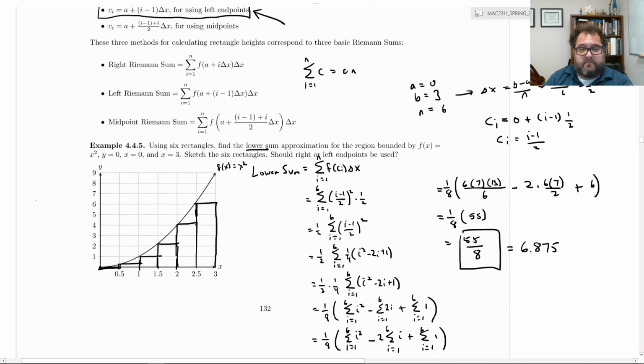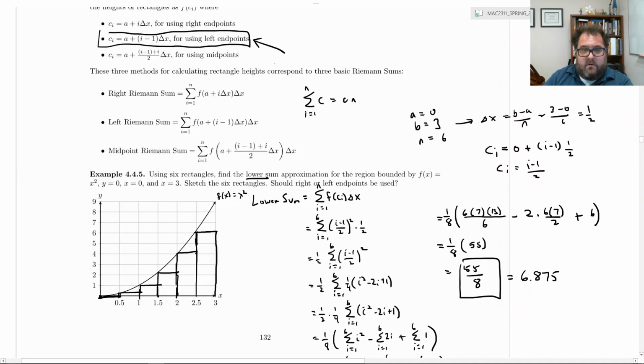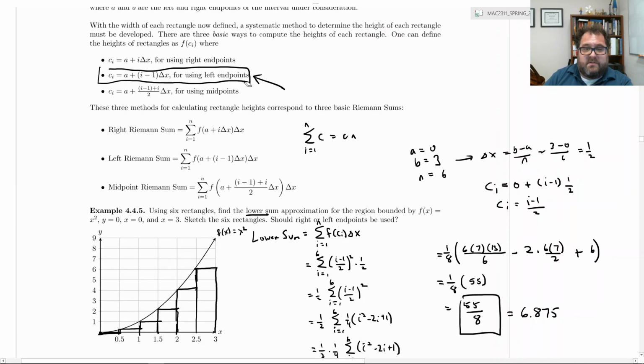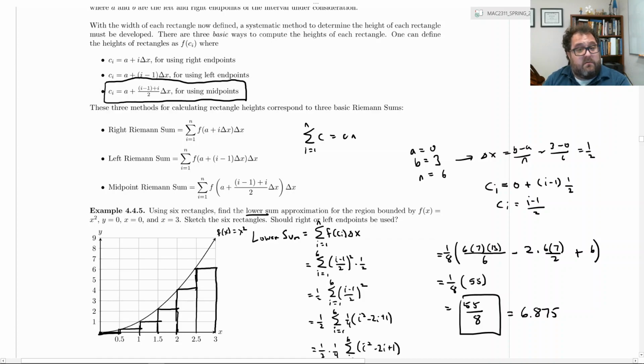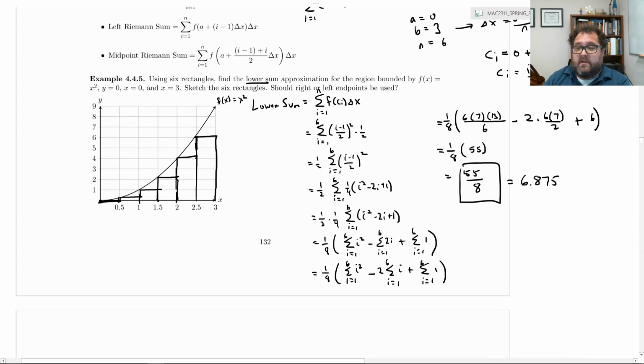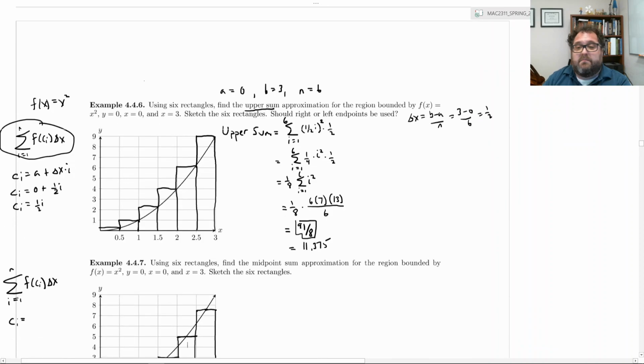Oh, there it is. Here is the c sub i we use for midpoints. And that should kind of ring a bell, because what we're doing is averaging two values: i minus 1 plus i over 2. So you have a plus i minus 1 plus i over 2. That's how we find the midpoints.